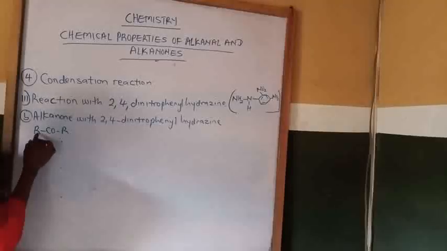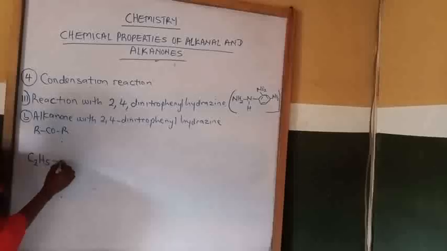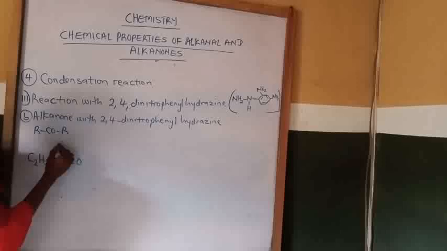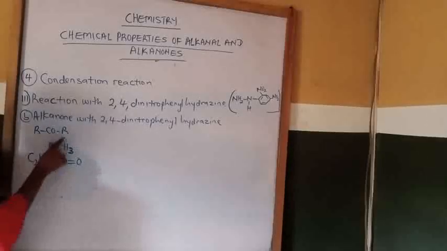So let's replace the first R with an alkyl group. Let me use C2H5, which is known as ethyl. Then followed by C double bond O. Then the second R, I will use methyl, which is CH3. So I've replaced the first R with ethyl, then the second R with methyl.